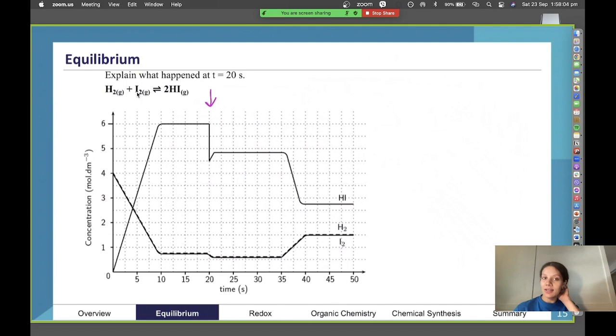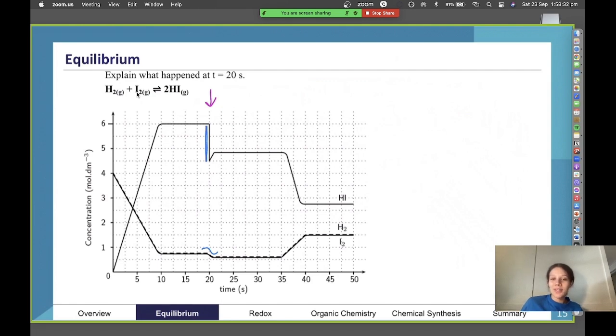What I'm going to say here is that we have a very sudden drop in the products, the HI, and what looks like just a really gradual reaction in the H2 and I2. Here we have a spike, which is something to definitely look out for, whereas in our reactants, what we have is a reaction to the stress rather than the stress itself.